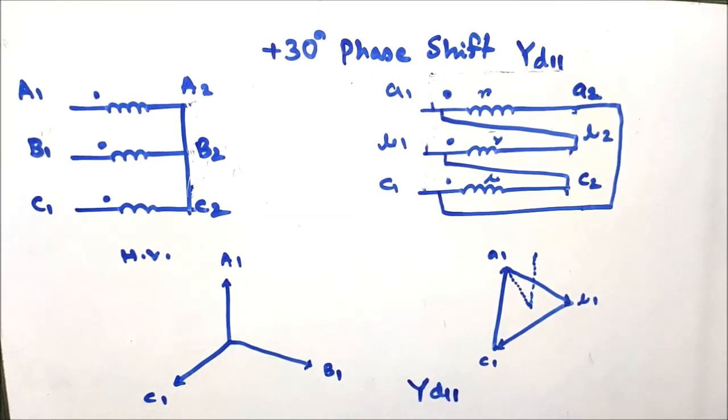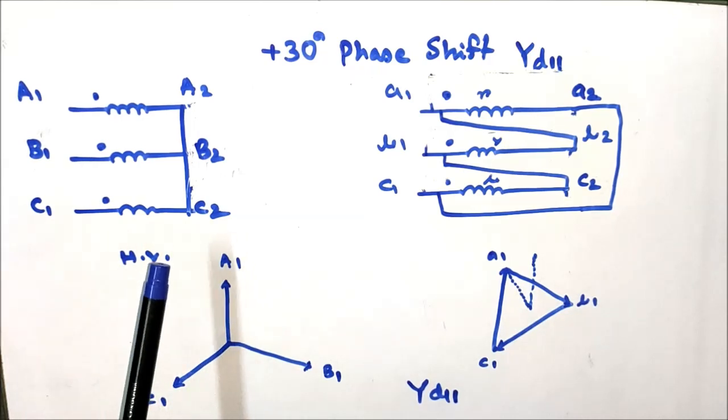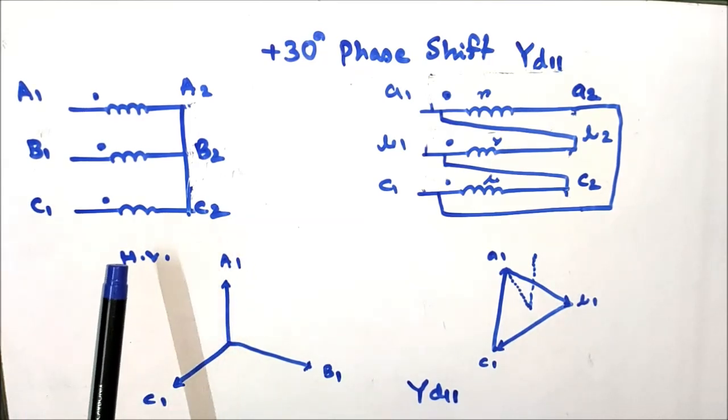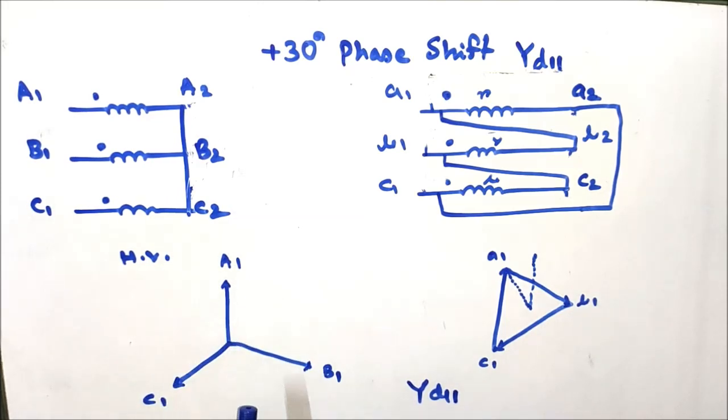Now another type of vector group where there is a plus 30 degree phase shift of the LV side induced EMF with respect to the HV side induced EMF. The vector group is Yd11. Now again the star side connection is the same as it was previously, that is A2, B2, C2 are shorted together to form the star point or neutral point of the star side, and A1, B1, C1 are the connection terminals.